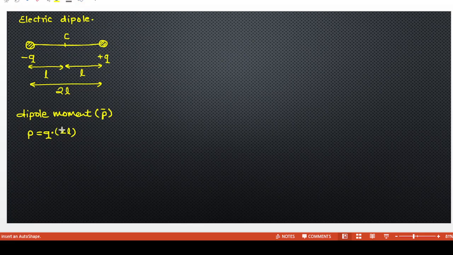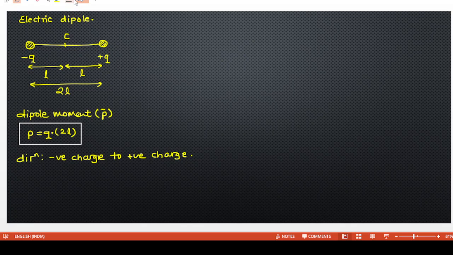This is the formula for electric dipole moment, q into 2l. This is magnitude. Direction is from negative charge to positive charge.